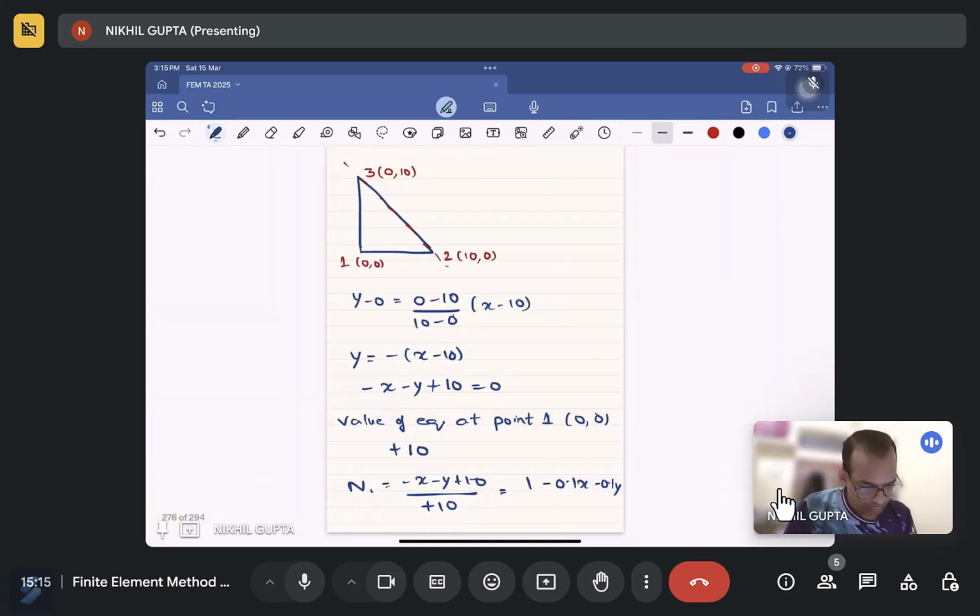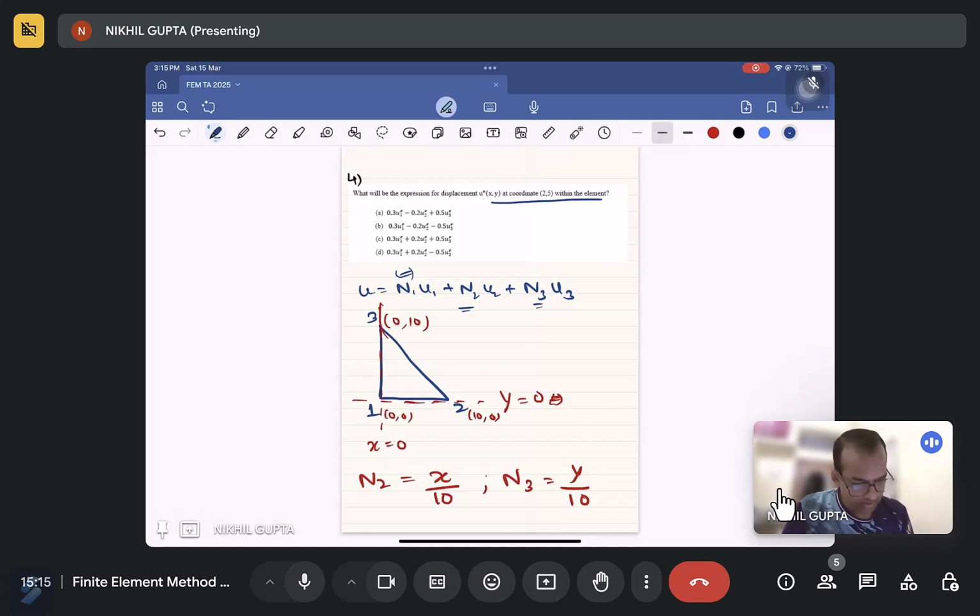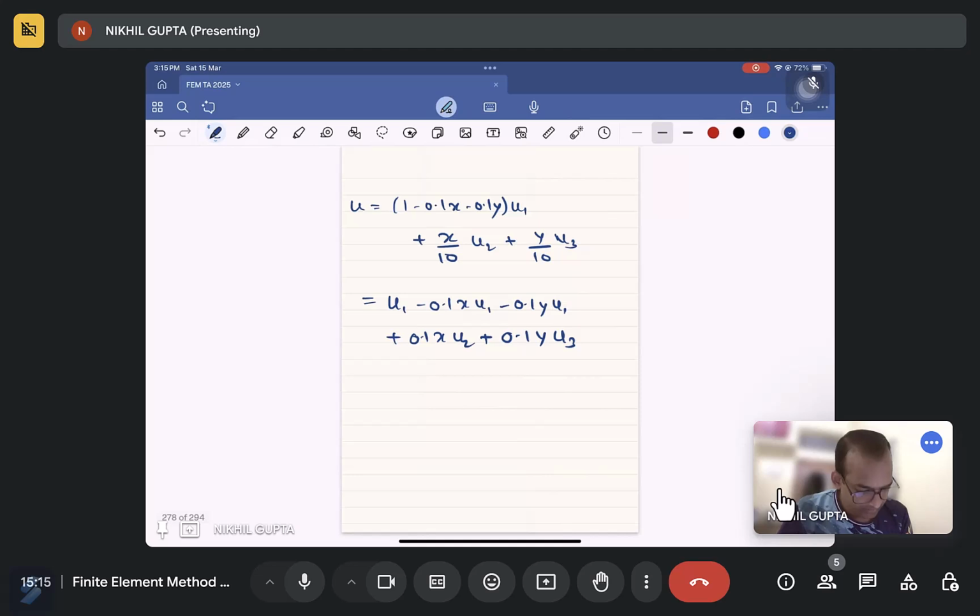So how are the options given? The x and y coordinates are given as (2, 5), so we have to put that in. So u1 minus 0.2 u1 minus 0.5 u1, since y is 5, plus 0.2 u2, since x is 2, plus 0.5 u3.